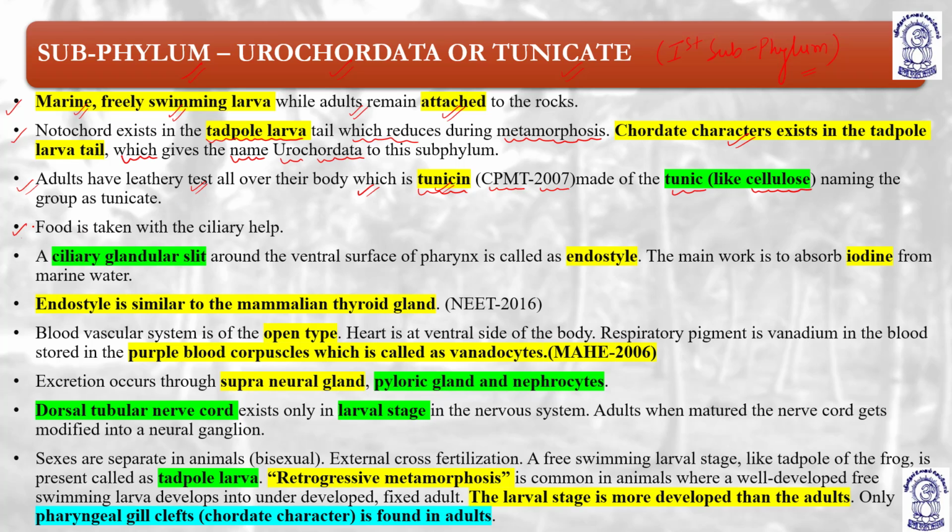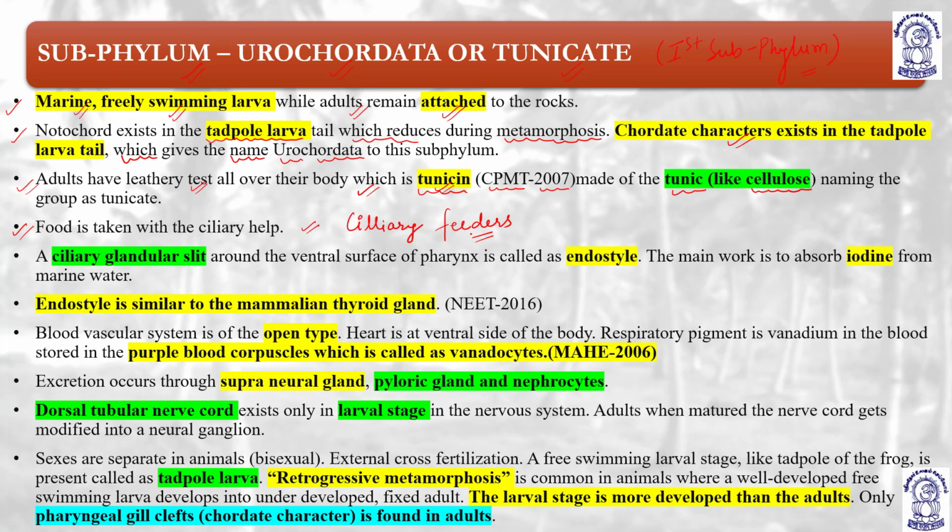Now, food is taken with the help of cilia, they are also ciliary feeders. Like we have learned about the features of Acraniata, ciliary feeders. This feature is not yet evolved, so it is also present in the primitive forms, when we just started the phylum Chordata and learned the differences between non-chordates and chordates.